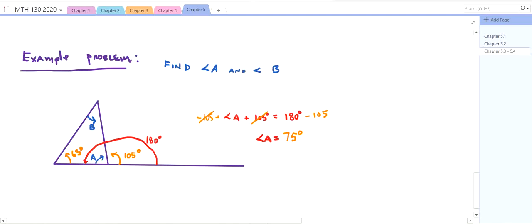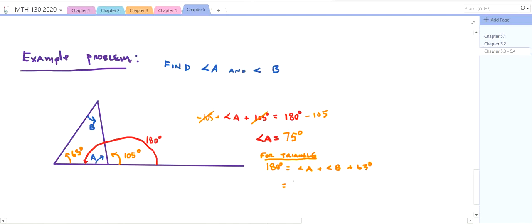Okay, so if angle A equals 75 degrees, we just learned above that all the angles in a triangle have to equal 180 degrees also. So 180 degrees equals angle A plus angle B plus 63 degrees.